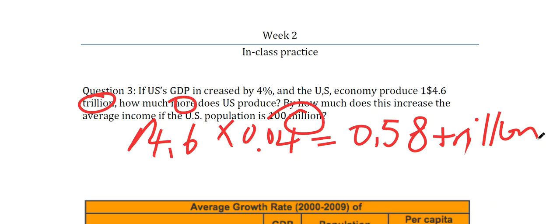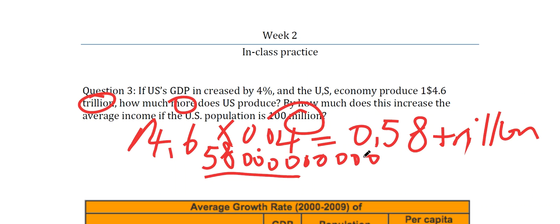And then the next question, by how much does this increase the average income? Again, they only ask for the increased amount, so they are not asking you for the new GDP per capita. They are only asking for the increased amount. So now we are looking for per person. That means you are creating a ratio. Your numerator will be the increased amount of your GDP, which is 0.58 trillion, written as 580,000,000,000.